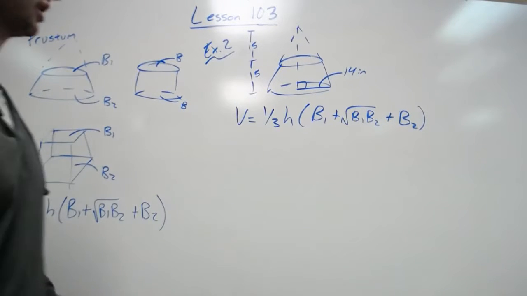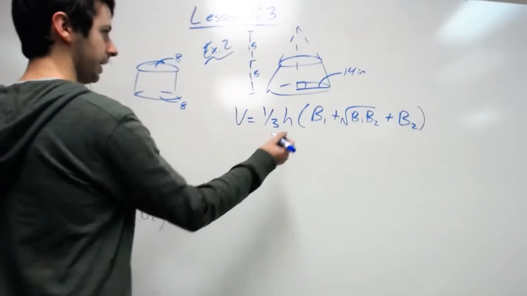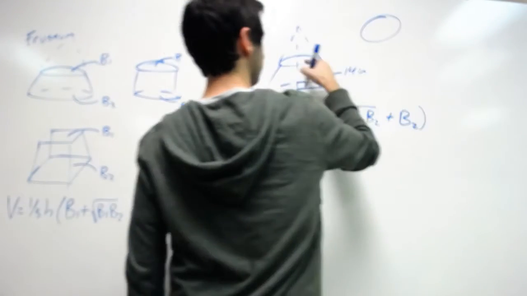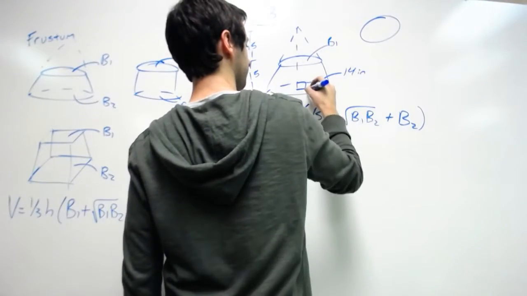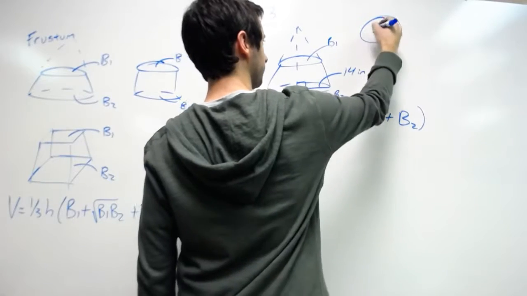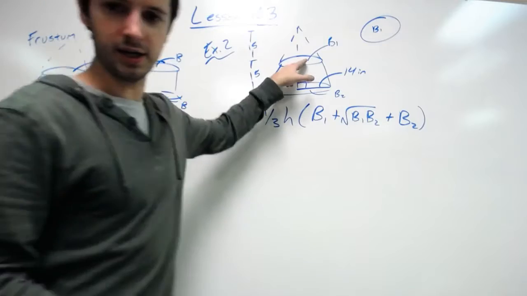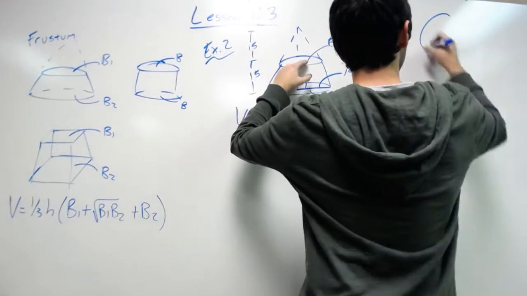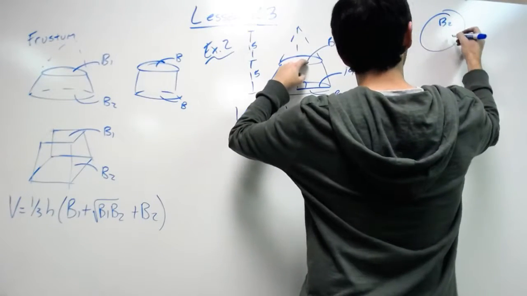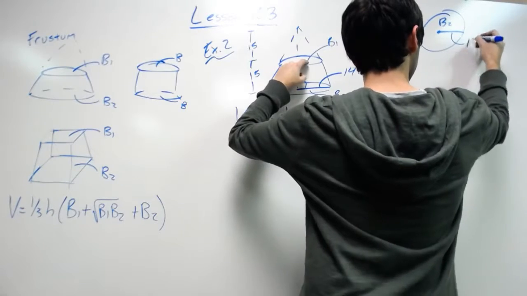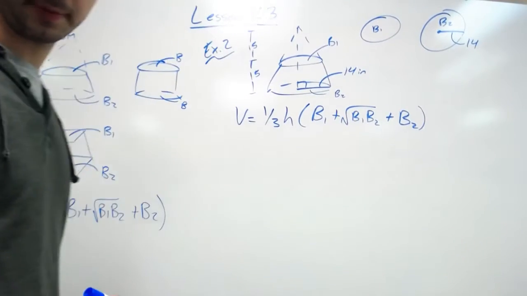So let's look at our two bases. I'm going to call this base 1 and this base 2. In base 1, we do not know the radius yet. We're going to figure out how to do that in a second. But for base 2, we do know the radius is 14.